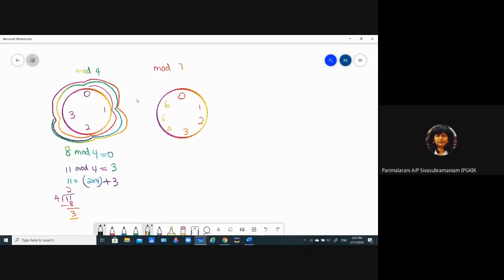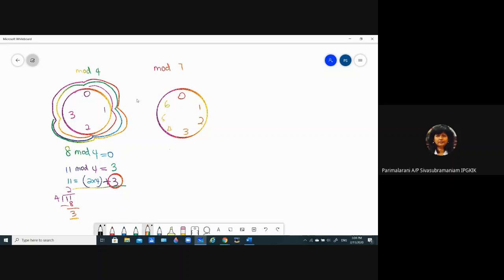So you can either use a clock face like this and draw and find the answer, or you can work it out yourself like this. So the remainder here is 3. This is the answer. If it's a small number, you can use a clock face and draw. But if it's a larger number, then it's difficult to draw. Okay? So now this is mod 7.